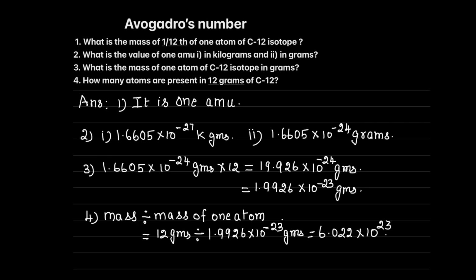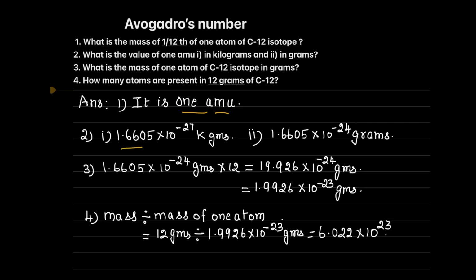First question: what is the mass of 1/12 of one atom of C12 isotope? Answer: it is known as unified atomic mass or 1 AMU, which is also represented by the symbol U. Question number 2: what is the value of 1 AMU in kilograms and also in grams?